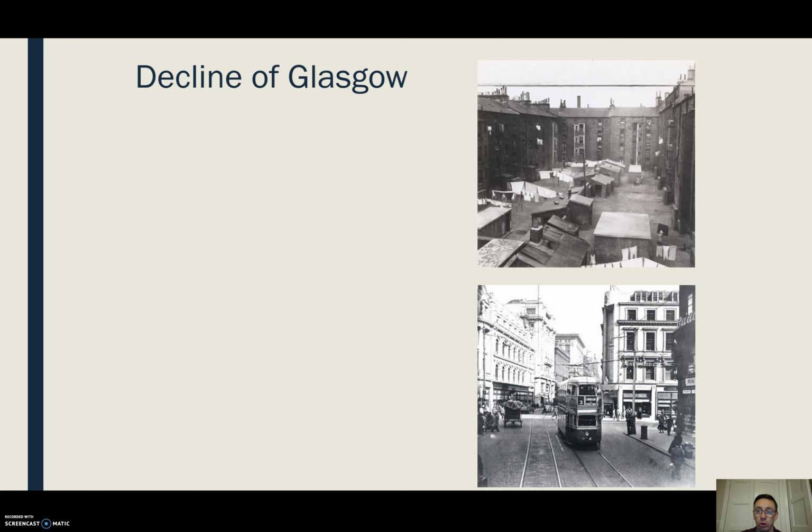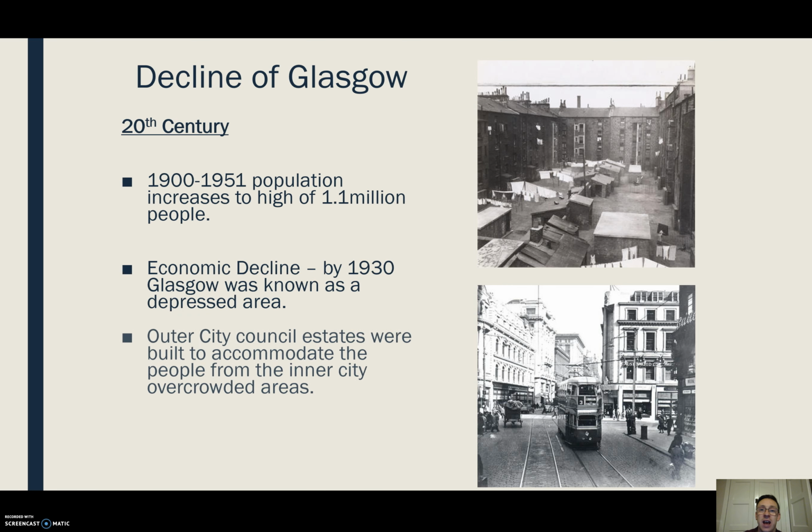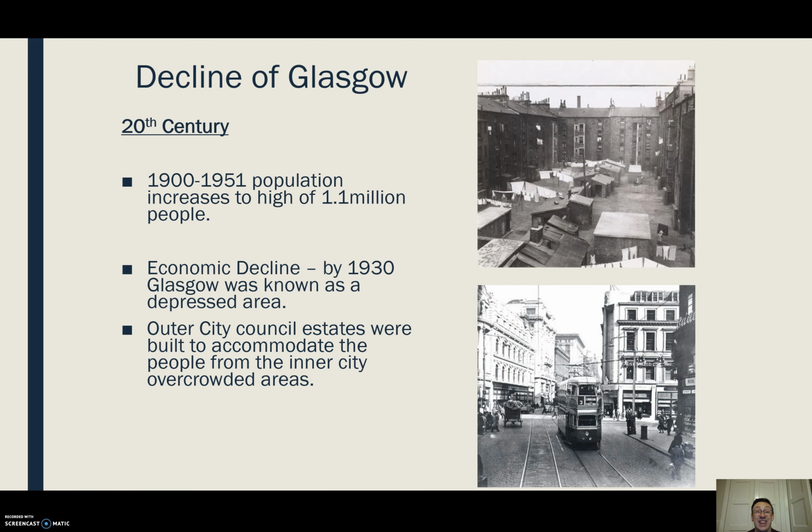However, all good things must come to an end. As we reached Glasgow's height, where it's really at its maximum boom, we've got a population of 1.1 million people. A vast majority of these people are working in heavy industry. However, as we start to hit the 1910s and 1920s, Glasgow starts to decline, and it declines with the decline of heavy industry.